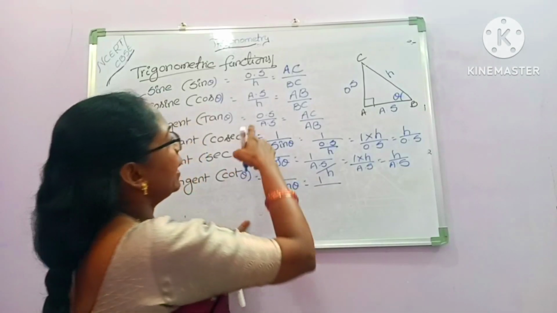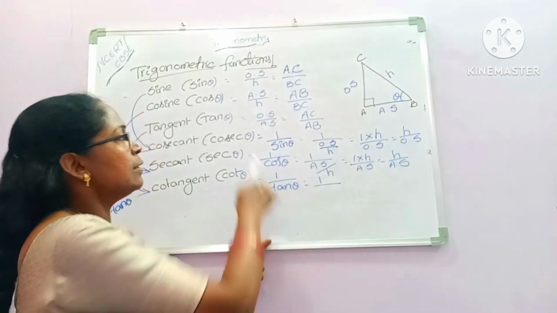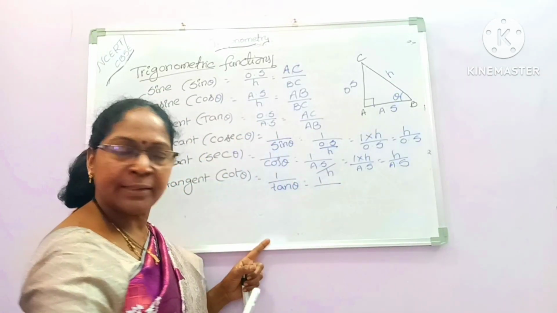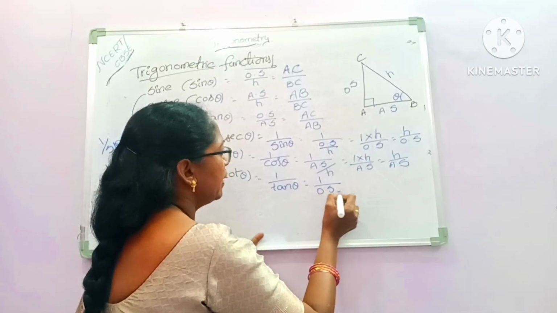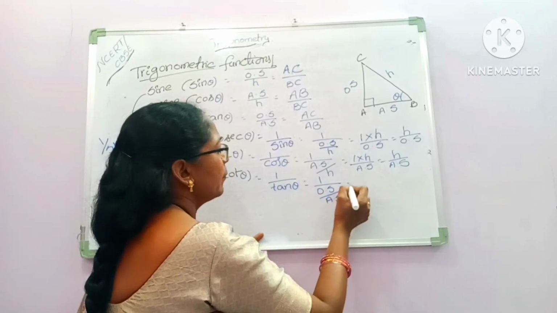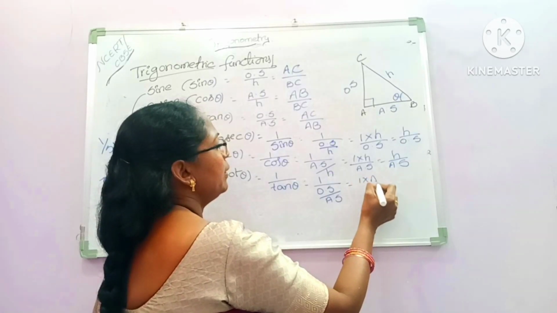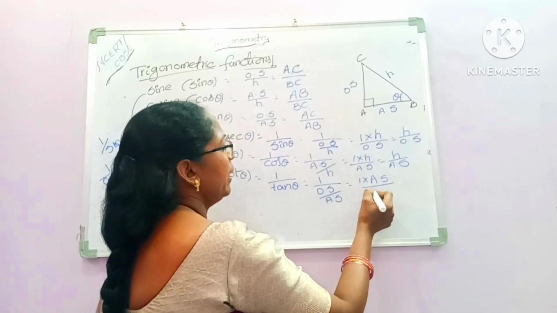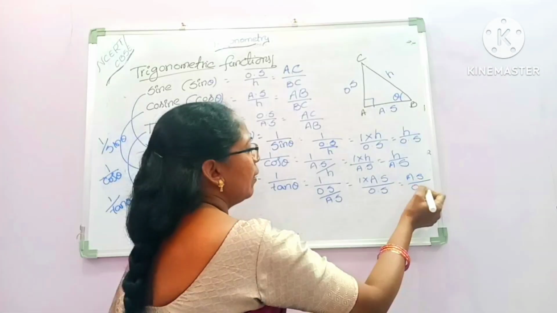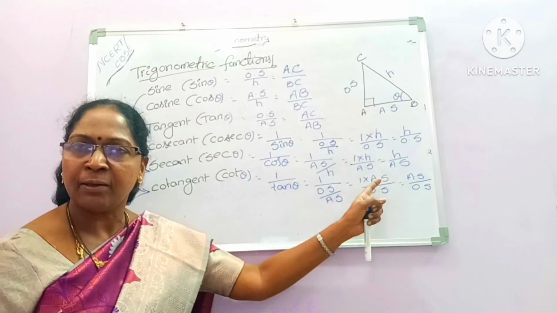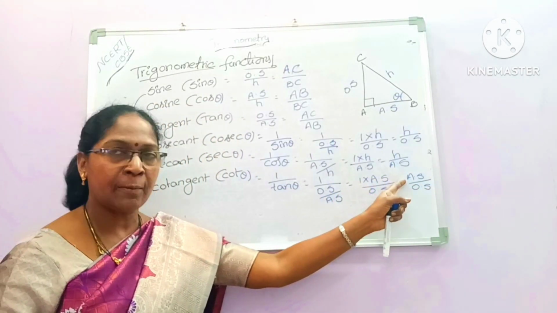So 1 by tan theta equal to, what is the formula? Tan theta is opposite side by adjacent side. Just substitute instead of tan theta, opposite side by adjacent side. That equal to 1 into adjacent side by opposite side. That equal to adjacent side by opposite side. 1 into any other value means you will get the same value.